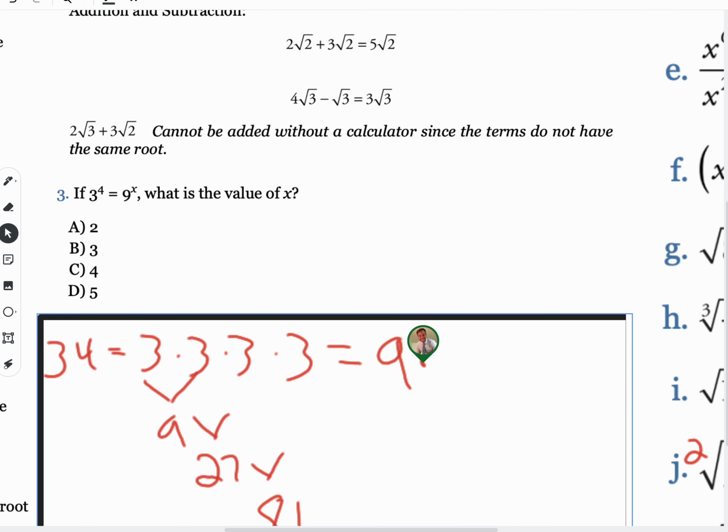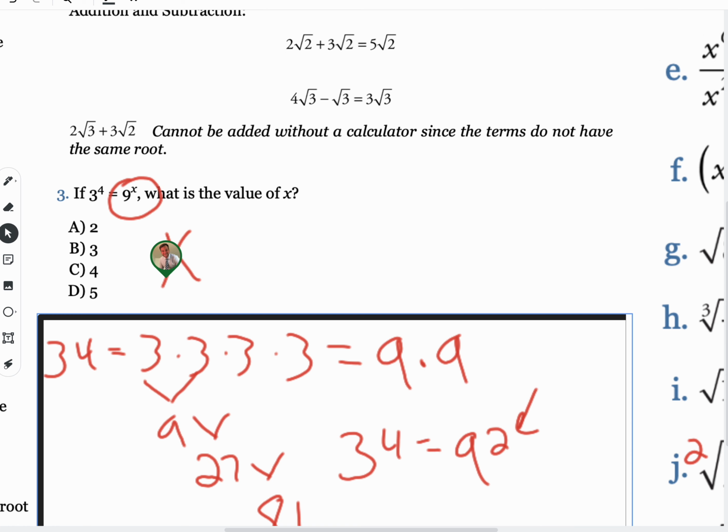So 9 times what is 81? 9 times 9 is 81. We could rewrite this as 3 times 3 times 3 times 3 equals 9 times 9. Therefore, 3 to the 4th power equals 9 squared. X is equal to 2.